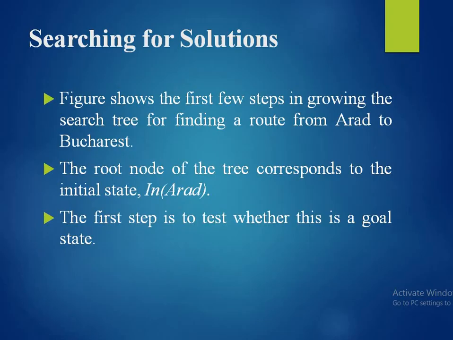So the figure shows the first few steps in growing the search tree for finding a route from Arad to Bucharest. The root node of the tree corresponds to the initial state. So what is the initial state here? It is in Arad. The first step is to test whether this is the goal state or not.